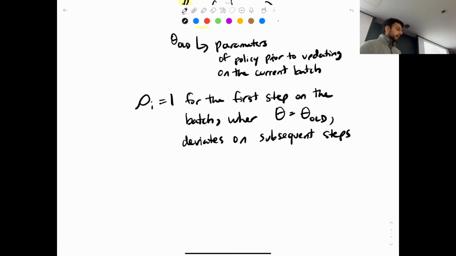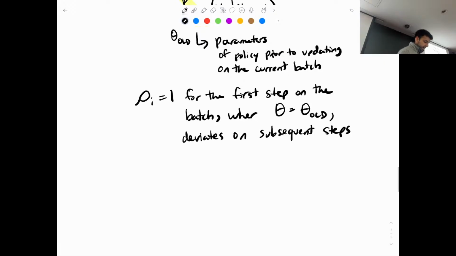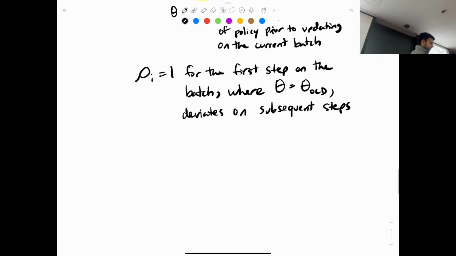Okay, so for a given batch, I initially will set theta old equal to theta, and I'll just do a normal update using the gradient that we computed before. But every subsequent time I want to do an update over this batch, if I want to use the same rollouts y that came from that theta old model, I'm going to compute this ratio just to monitor how much I'm deviating from the model that generated those y's to begin with. And we will see how we can use this ratio in our update.